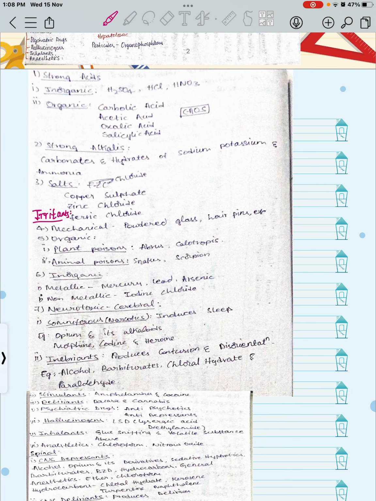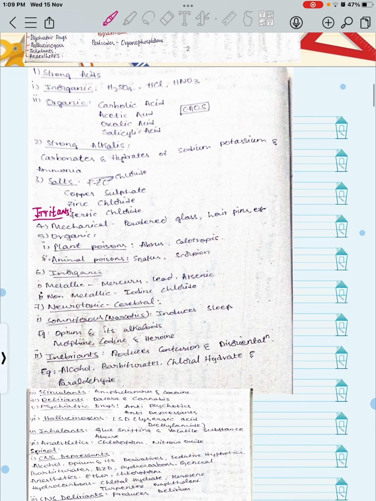Classification in detail. Strong acids. The examples of inorganic strong acids are hydrochloric acid and nitric acid. Examples of strong organic acids are carbolic acid, acetic acid, oxalic acid, and salicylic acid.